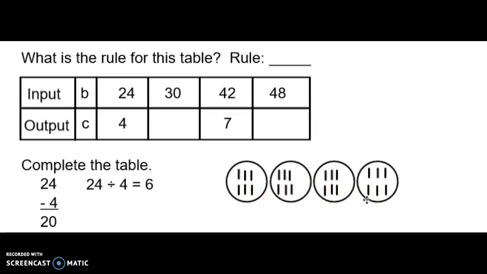So we've used 24 tallies, we divided those into 4 different circles, and we get 6 in each circle.